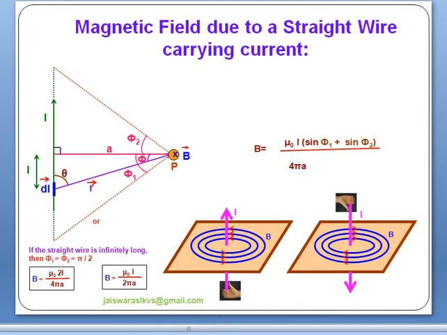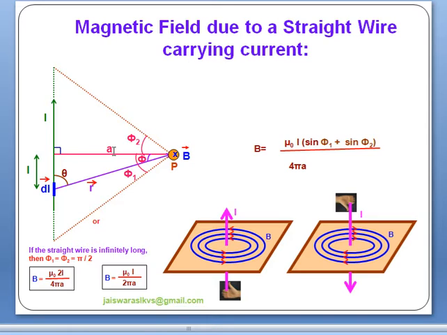Let us see the next formula, that is magnetic field due to a straight wire carrying a current. Suppose this is a straight current carrying conductor. Suppose P is the point at which we have to calculate the strength of magnetic field.